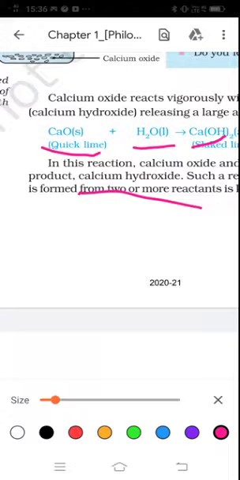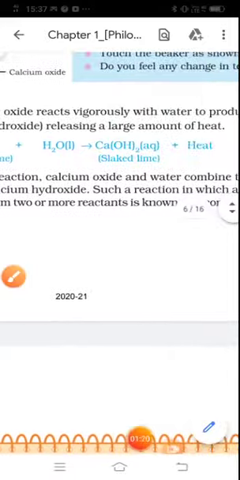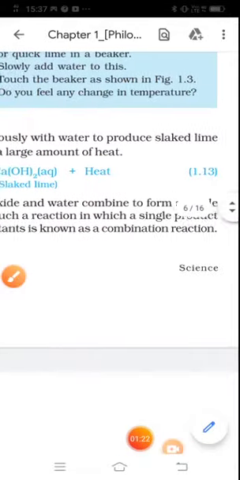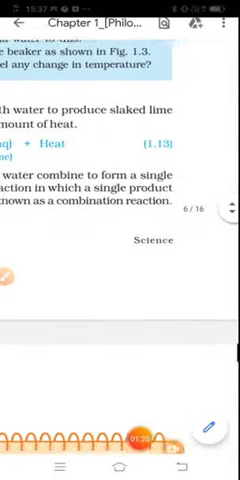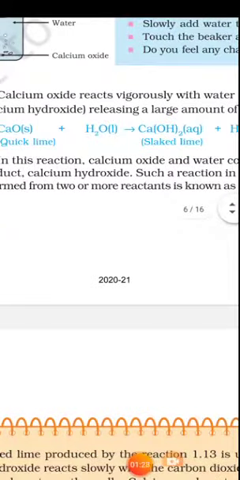Okay, in this reaction, CaO, which is solid in form, and H2O, which is liquid in form, will react with each other and form a product known as calcium hydroxide. Such a reaction, formed from two or more reactants, in which a single product is formed, is known as a combination reaction.